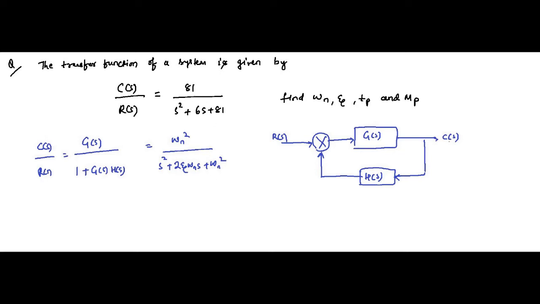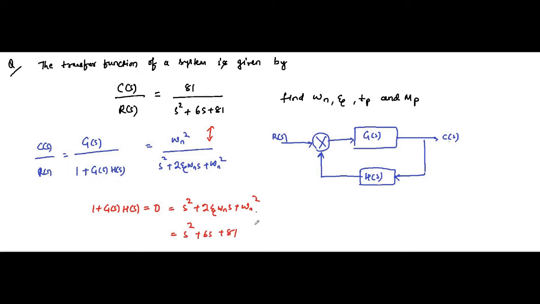So if we compare these two relationships, the closed loop transfer function, and compare the denominator, which is the important factor and is called the characteristic equation, 1 plus G(s)H(s) equal to 0, that is s square plus 2 zeta omega n s plus omega n square, which is equal to s square plus 6s plus 81.